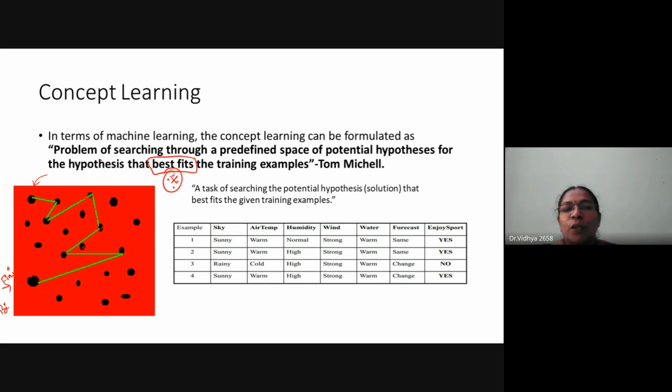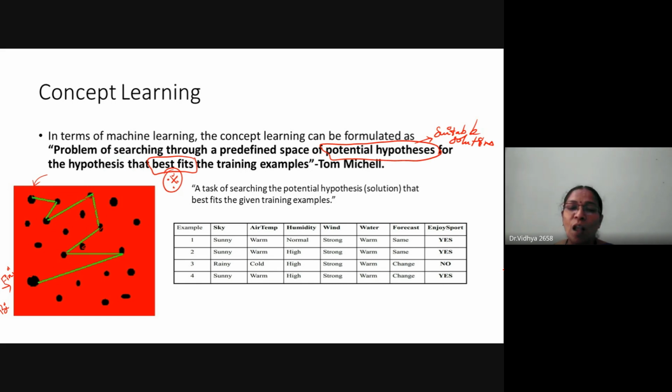Concept learning is basically identifying the potential hypothesis. That is also very important. Potential hypothesis means suitable solutions, best fit solutions. So we have to identify suitable solutions for the given problem.